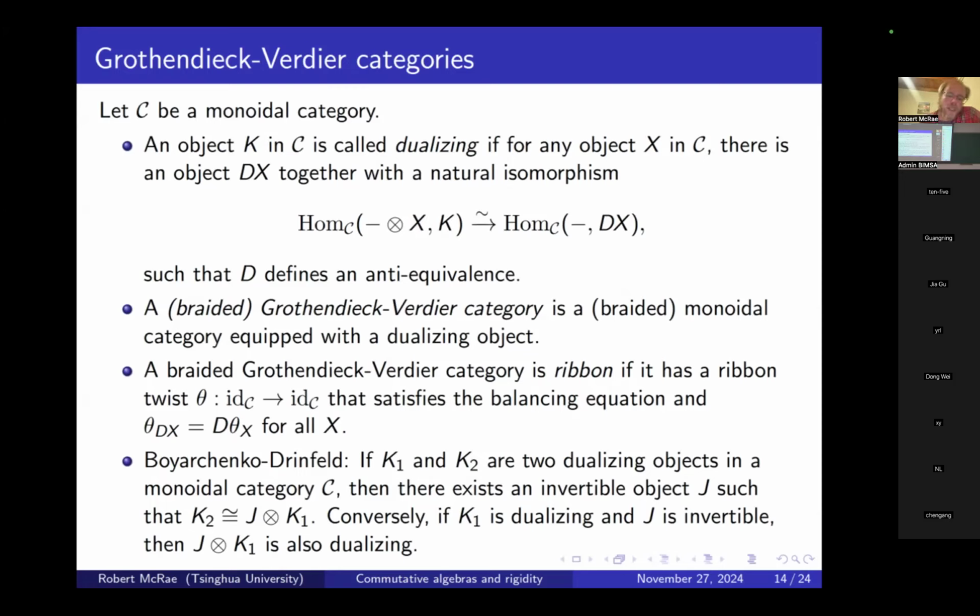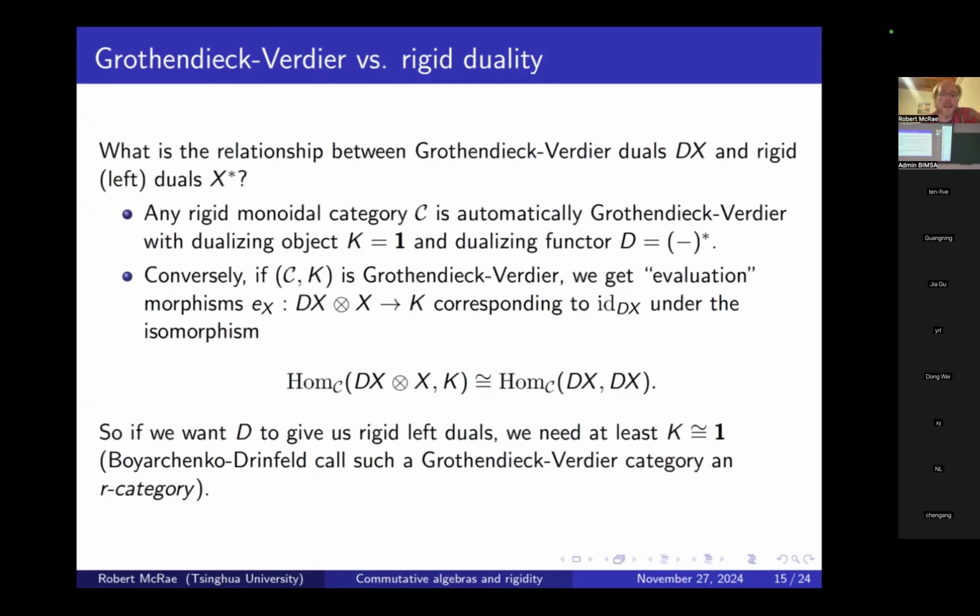So what that indicates is that Grothendieck-Verdier duality is a structure on the category. It's not a property like rigidity. If you have a rigid category, then every object just has one left dual and just one right dual. But you could have multiple Grothendieck-Verdier structures on a category coming from different dualizing objects. And that's quite important for what I will be discussing on the next few slides.